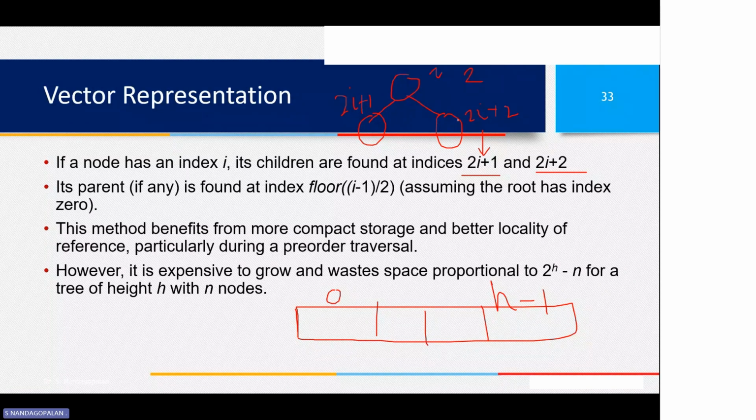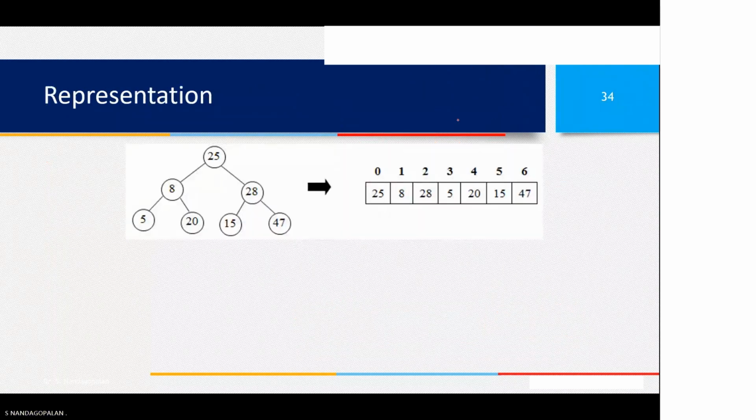That's how the entire arrangement is going to be there. So let's take an example. So this is 0, 1, 2, 3, 4, 5, and 6. Directly we can write like this, but we'll verify.